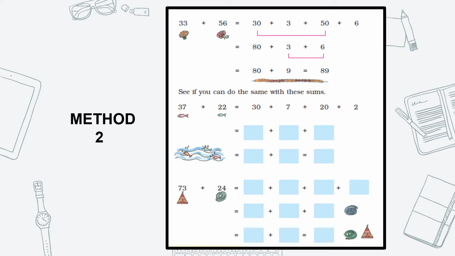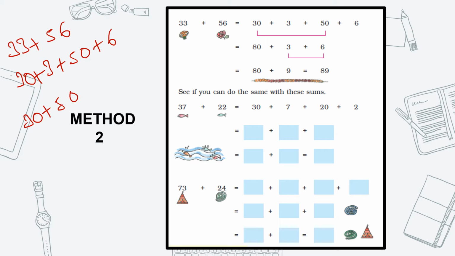So we were talking about method 2, which would help make our addition simpler. Method 2 is mostly similar to method 1. If you remember, in method 1 we did 30 plus 3 plus 50 plus 6, then 30 plus 50 plus 3 plus 6. We are doing the same thing, but instead of writing it again, we just do this step and group.